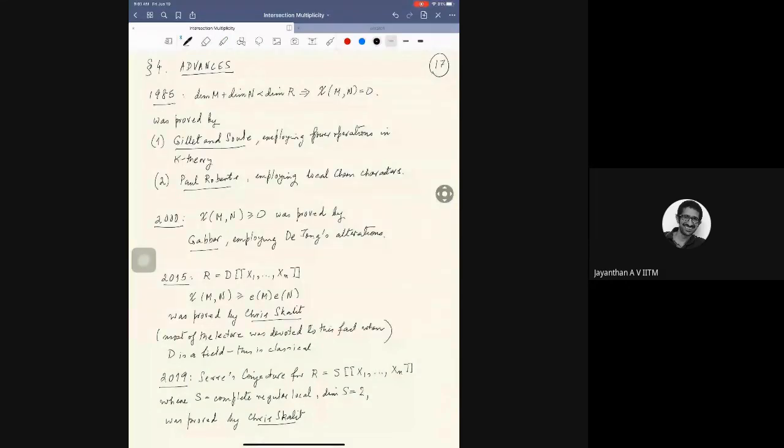The Gillet-Soulé approach is something that I would find simpler to talk about. This is a game where one converts modules into complexes of free modules. And so when you've got two modules, M and N, you replace them by their resolutions and you tensor them. Right?